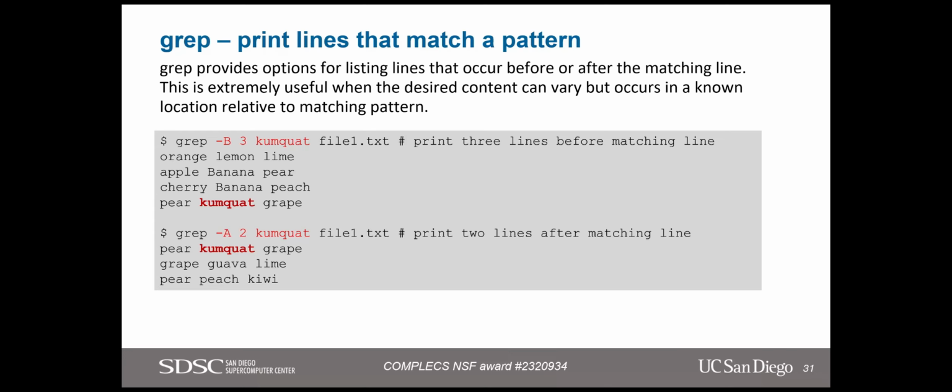By using the capital B option and the capital A option, you can designate the number of lines before the matching line and the number of lines after the matching line. You can also use them both in the same line. So if we do grep -B 3 -A 2 kumquat, it will list the 3 lines before and the 2 lines after all in the same command.